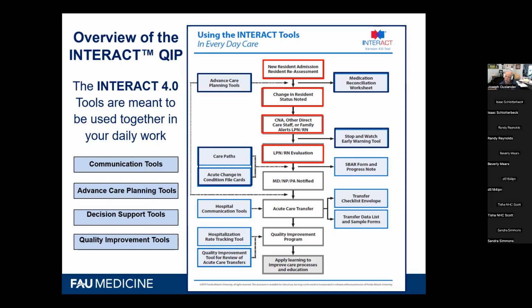We have Care Paths and acute condition guidance, originally made as file cards, that's very specific about when to notify a clinician immediately. And generally, a clinician is notified, and we have an SBAR form and progress note that documents the encounter.